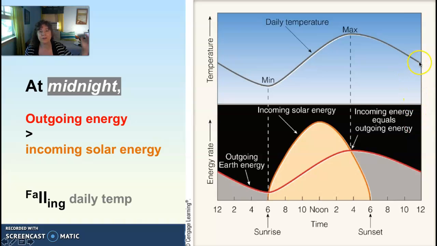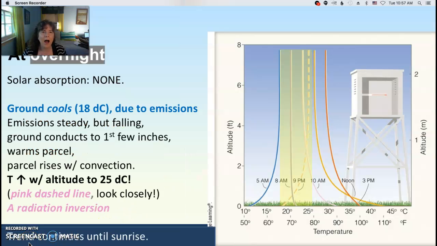And you've got a temperature that's really falling rapidly at the midnight area. Let's see how this looks on our altitude sounding. So the line that we're following now is the 9 p.m. line, which is the pink dashed line here.